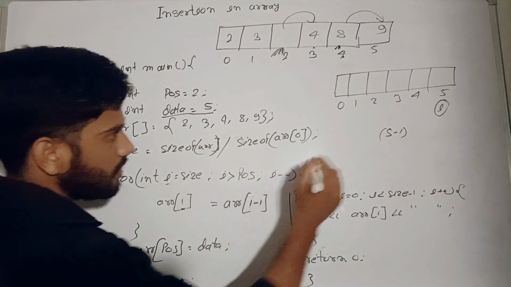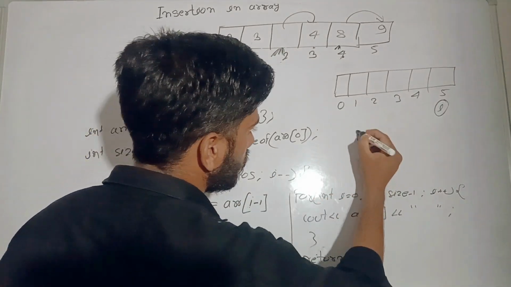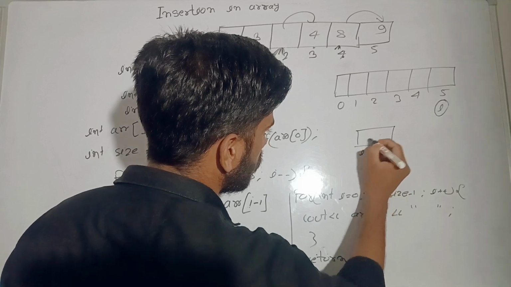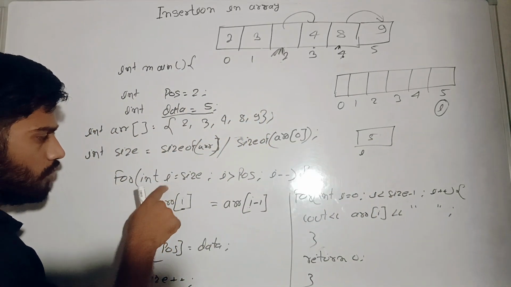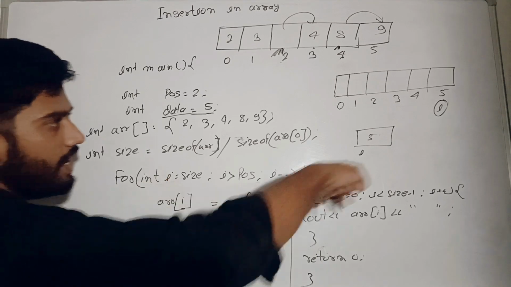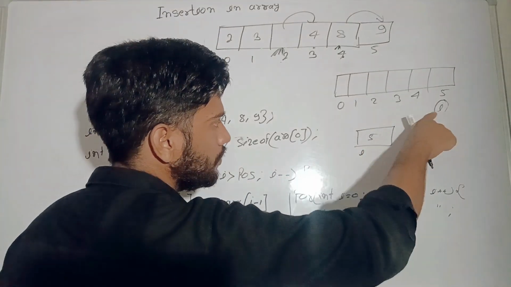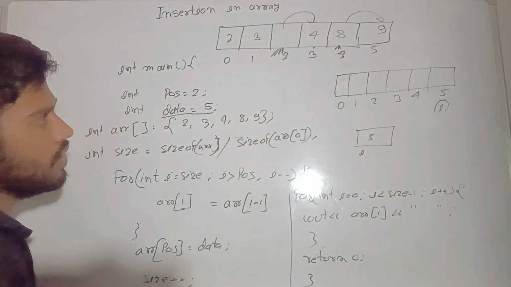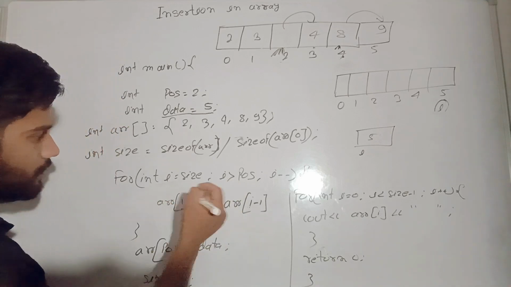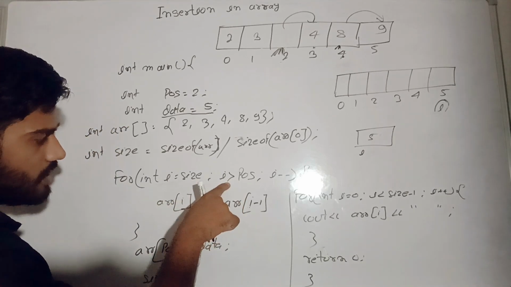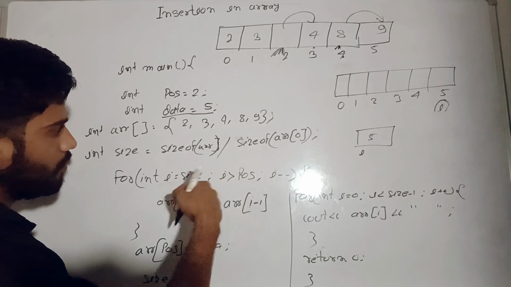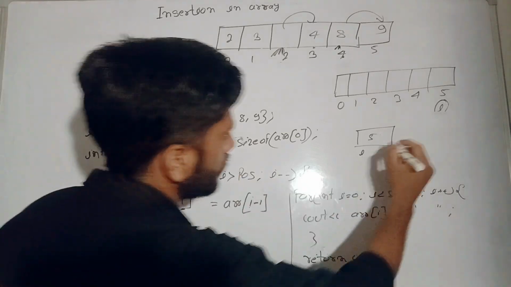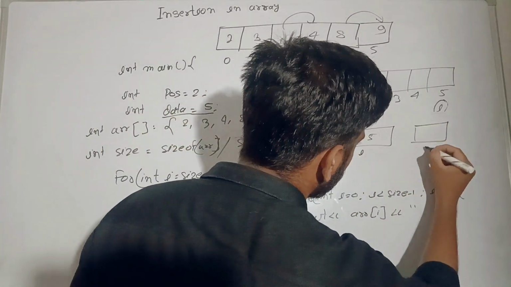Initially I is equal to 5. Now I is indicating at the position of 5. Then it will check the condition: 5 is greater than position 2. Here position is 2.